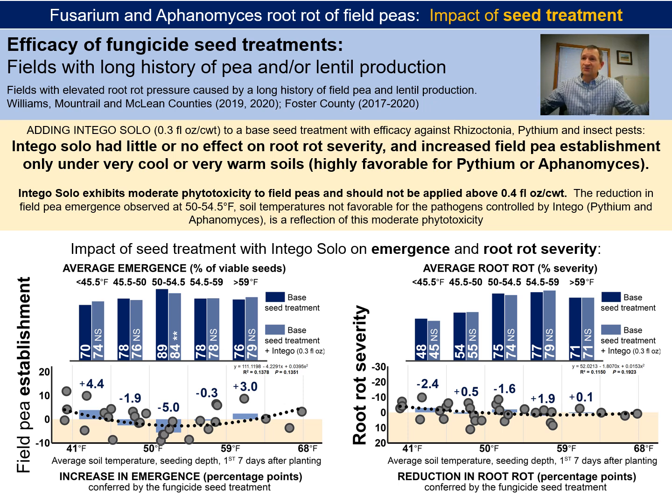Okay, at the other soil temperatures, the phytotox is happening too, but what's happening is that the gains in terms of disease control offset the phytotox. But when the soil temperatures are not quite as favorable for the Pythium and Phantomyces, then the impact of the phytotox shines through, because the disease control is not enough to offset the losses.